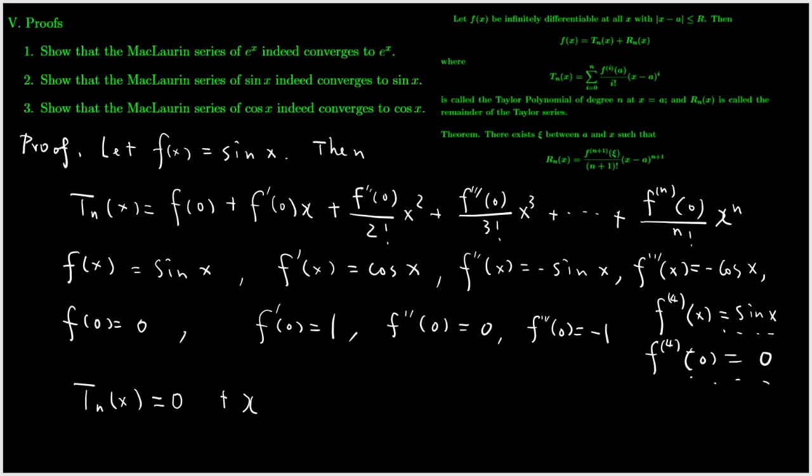The next term is 0, and then the term after that, term 3, is given by negative x cubed over 3 factorial. You see the triple derivative of the function at 0 is negative 1. That's why you have the negative sign here.